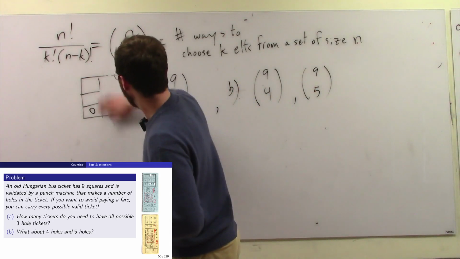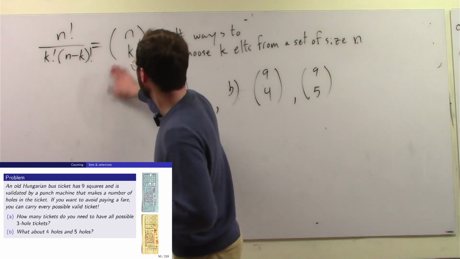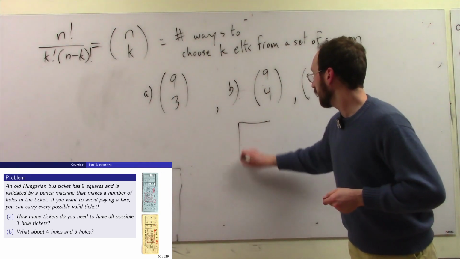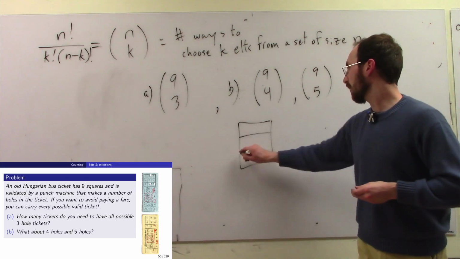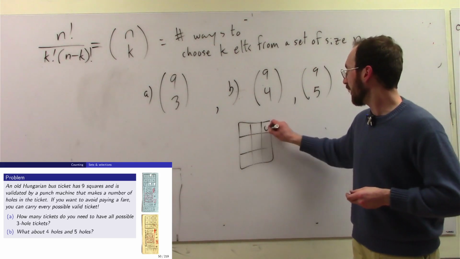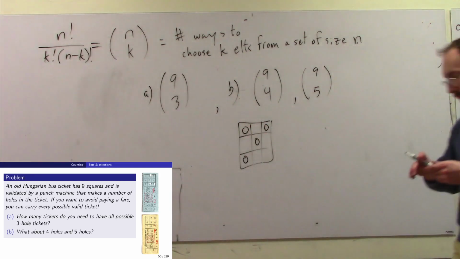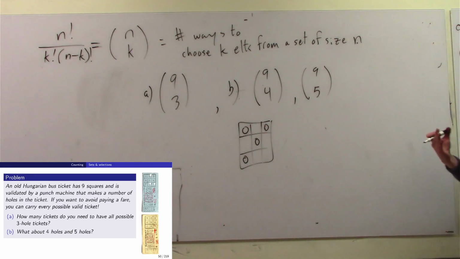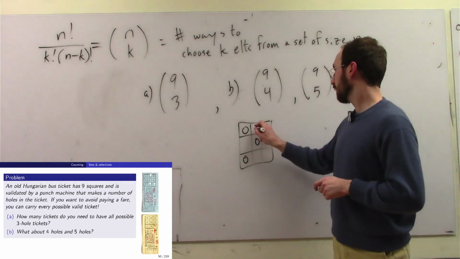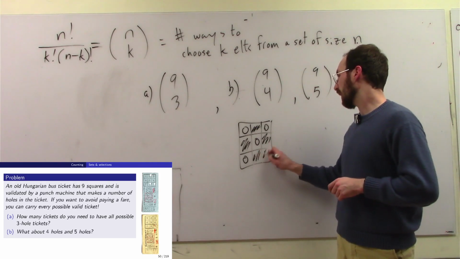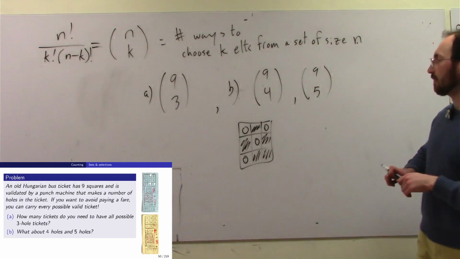And just to think about this visually, let's imagine we punched a card in 4 spots. Boop, boop, boop, boop. If we look at the spots that weren't filled, there were 5 of them.